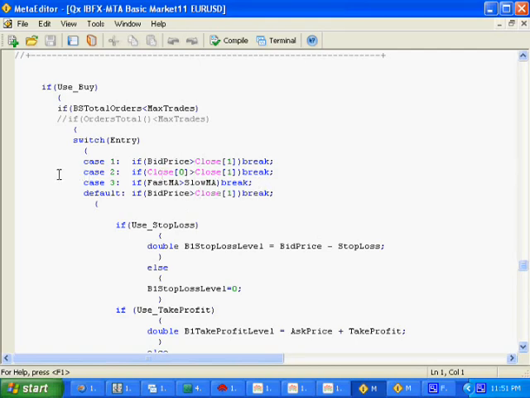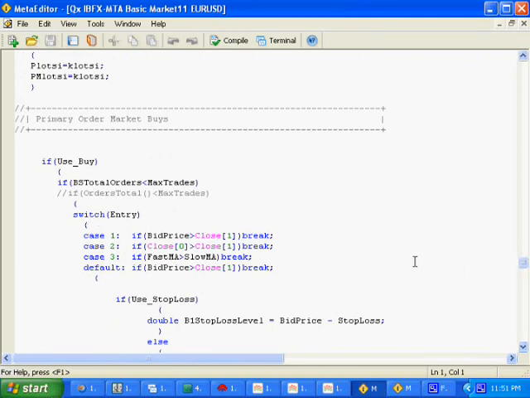We're testing out the switch case programs to see the operators, to see if that's going to work in here, and so far it's not doing too badly. There are 3 different entries that we can use here: a bid price over the close 1, a close 0 over the close 1, and a fast over the slow cross.